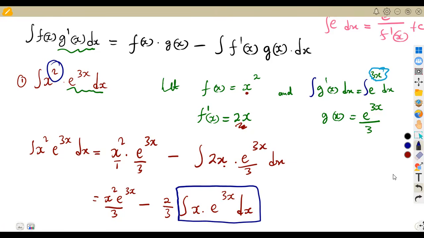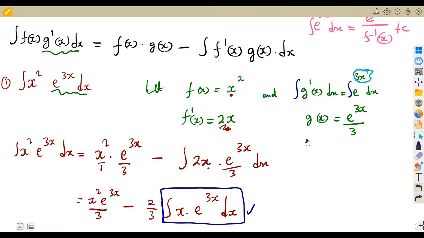We used by parts here in the first place, using this formula. But the moment we want to integrate this part here, we are supposed to apply by parts again, because it's a product. So we are going to integrate this, then we combine our answer at the end.